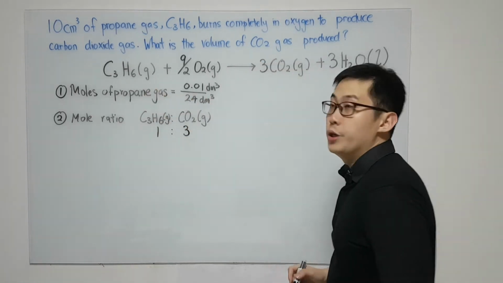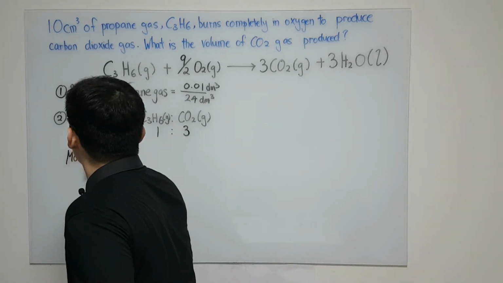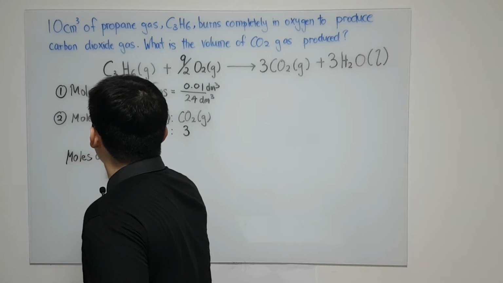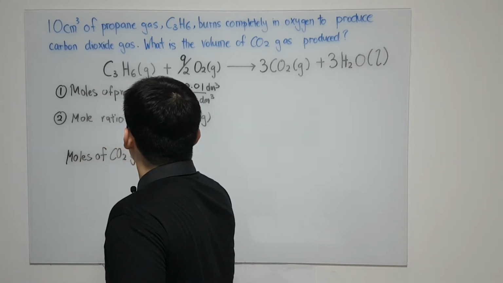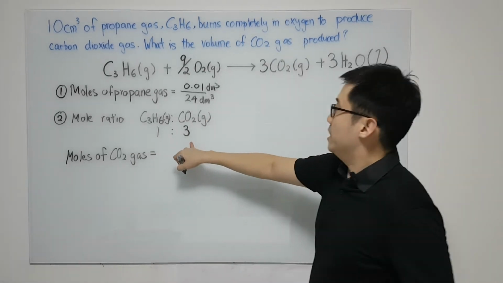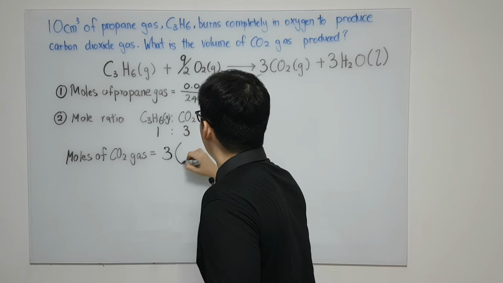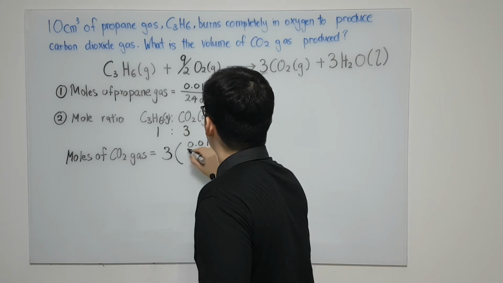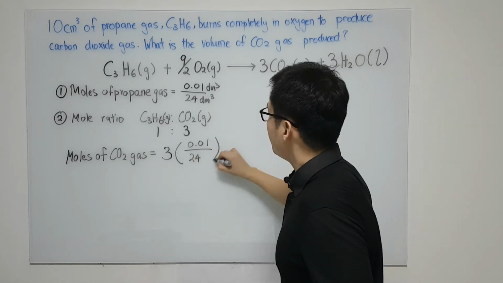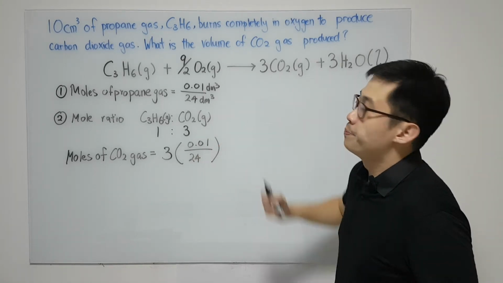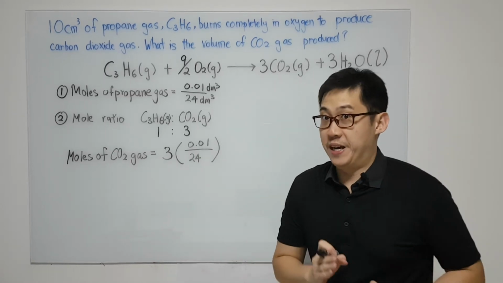From this mole ratio, what we can find is the moles of my CO2 gas. And that really is equal to 3 times this number over here. So it's actually 3 times 0.01 over 24. Both the units here are in dm cube. So this is the moles of CO2 gas.